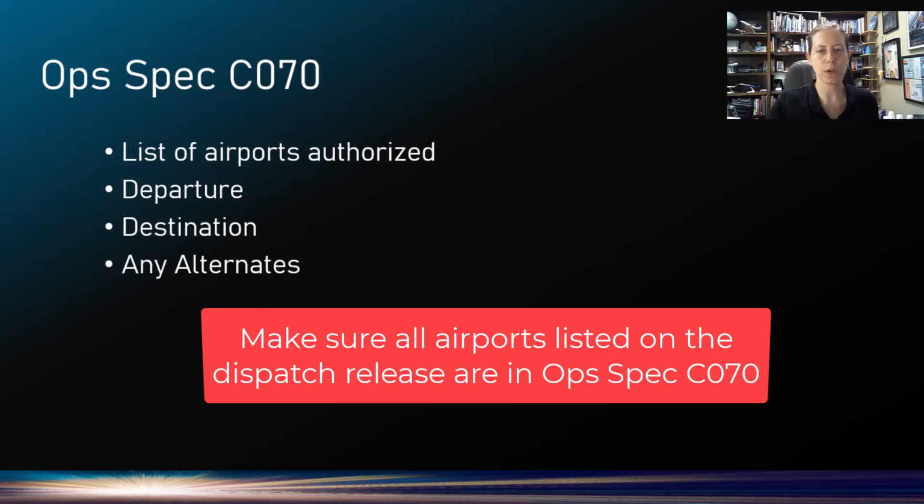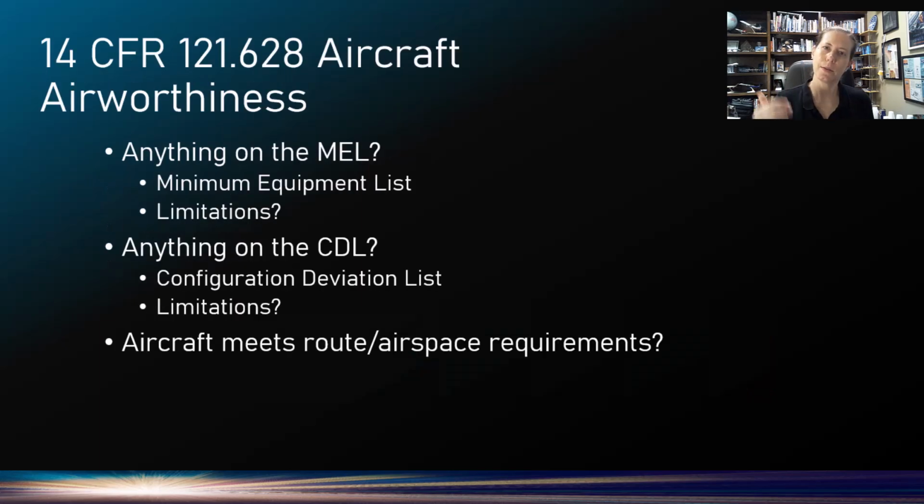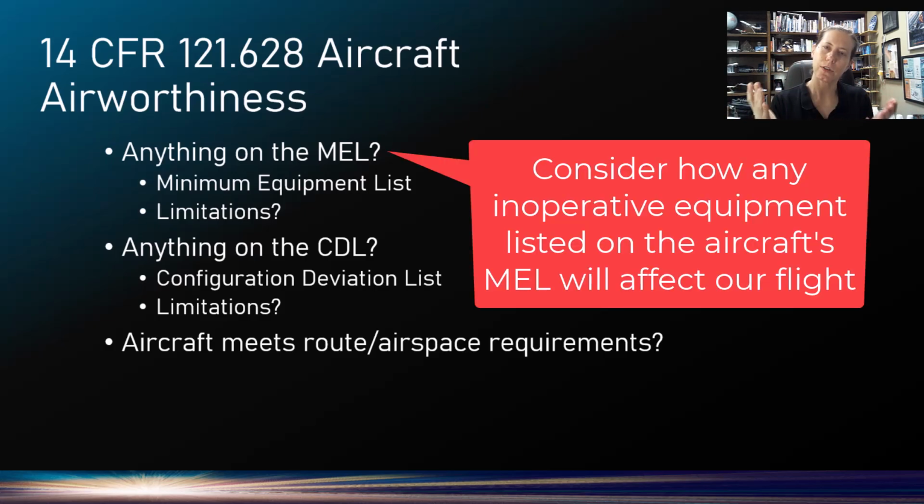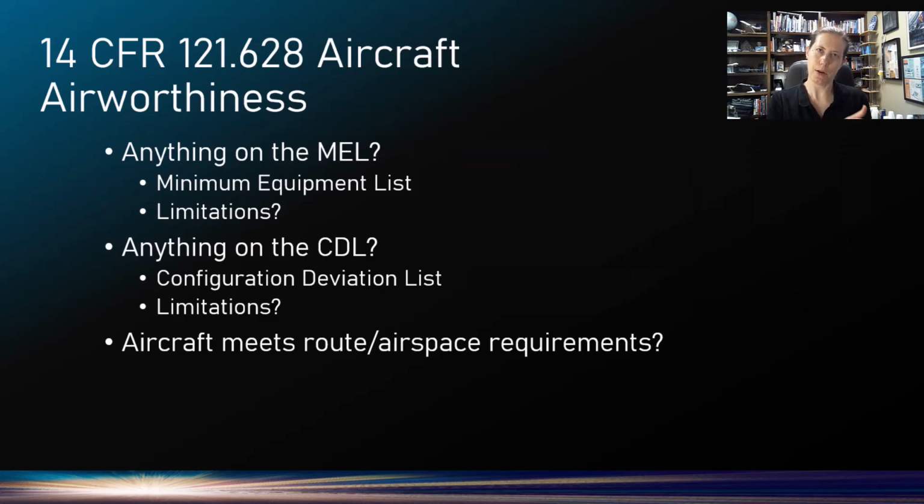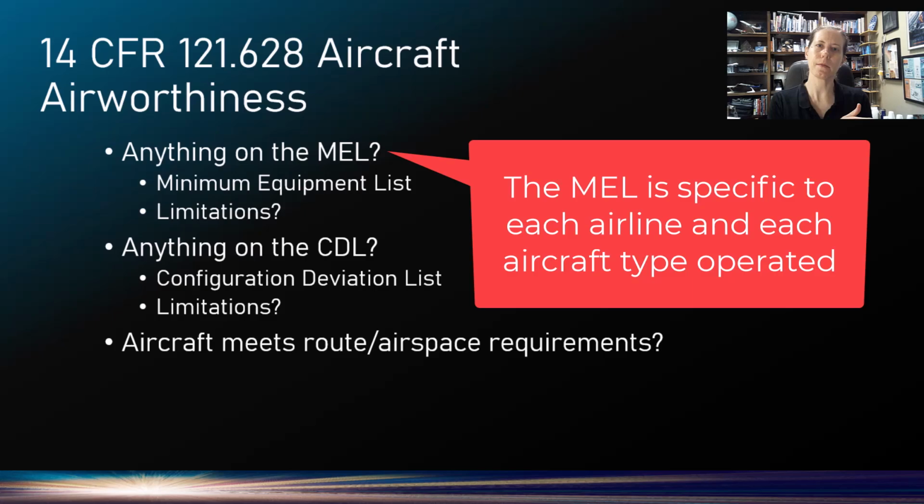We're going to get to talking about alternates in a little bit. We also would need to make sure our airplane is airworthy. So if there's anything on the minimum equipment list, does that affect our operation? For example, if my weather radar is not operable, then you would have to look in our airplane specific and operator specific, airline specific MEL and see what the limitations are.